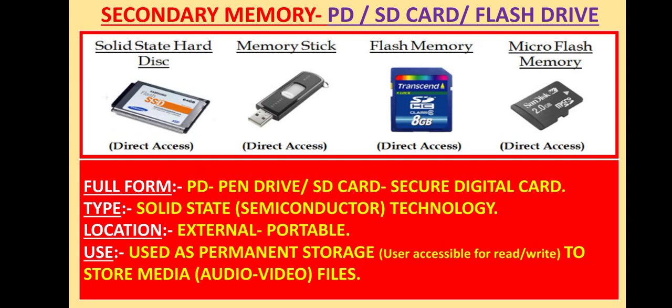This type of memory is also external memory, and it is portable in nature. They are used as a permanent storage to store various types of media files. These types of memory are also user accessible, and you can read or write the data on these devices.